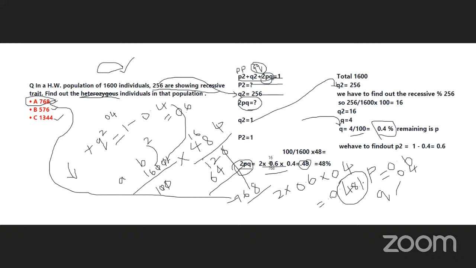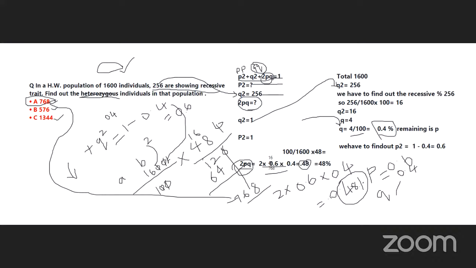You have to find out the percentage first. What percentage is 256 out of 1600? So here we calculate the steps one by one. Total is 1600. Q squared is 256. We have to find the percentage: 256 divided by 1600 into 100, you will get 16.